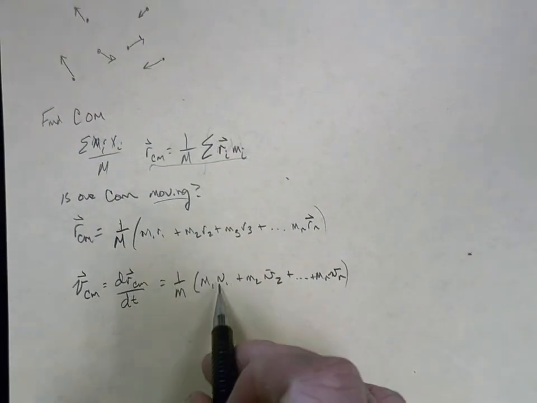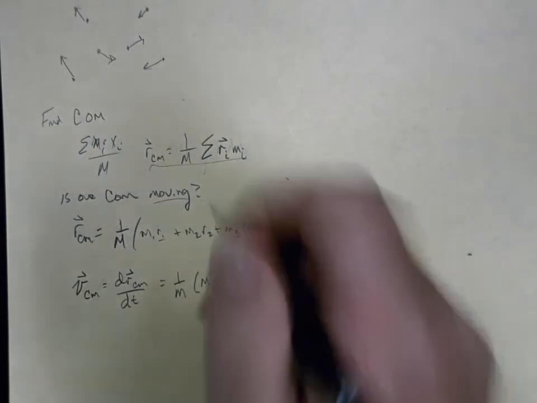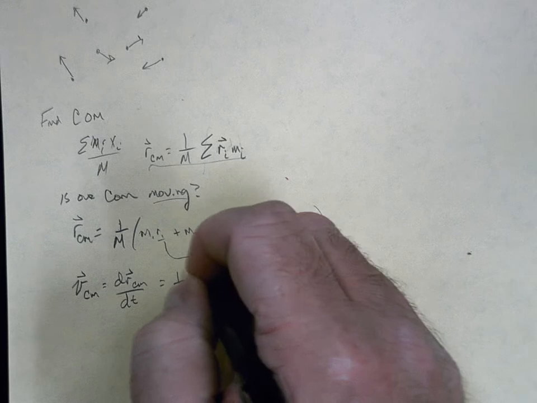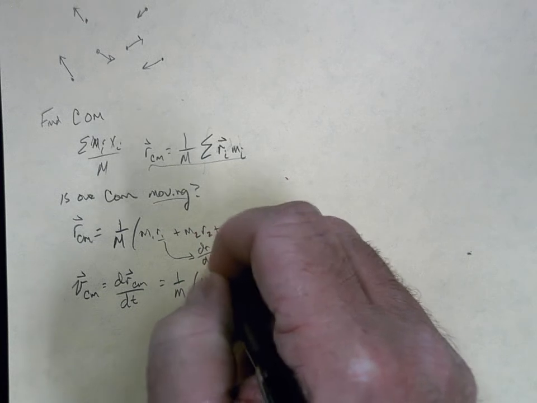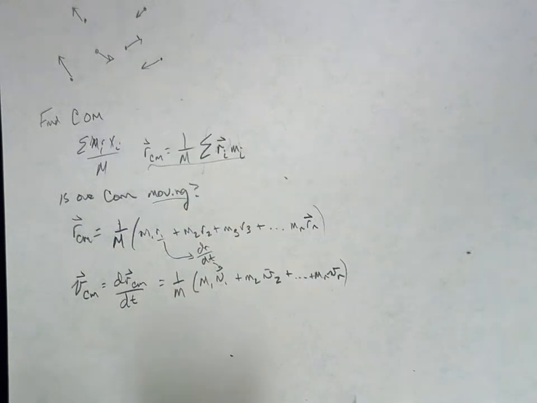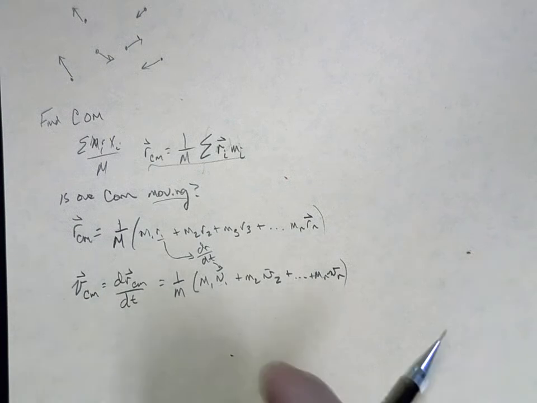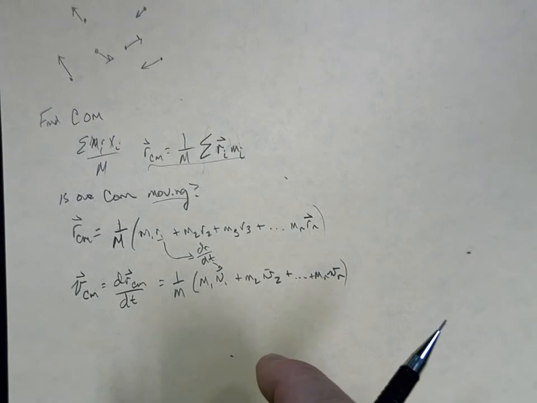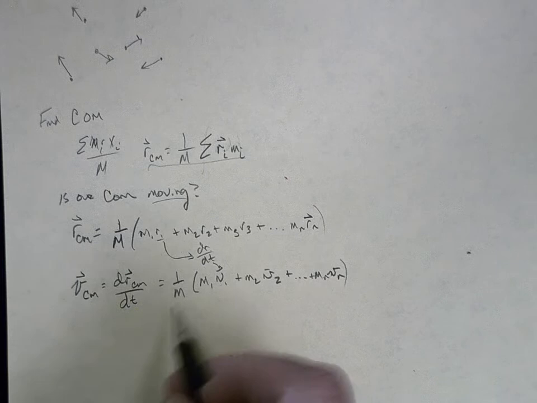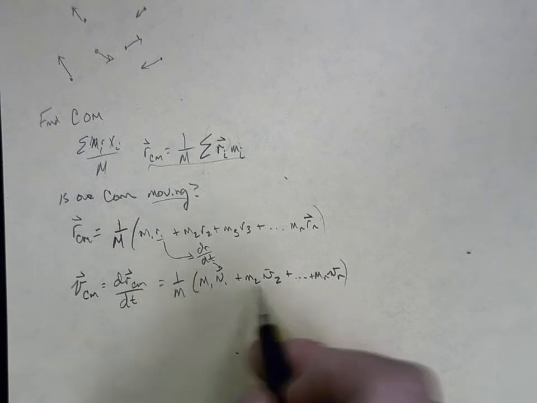But what is this velocity right here? It's really just the time derivative of r. So we take the time derivative of r, dr dt, and that goes into our velocity right there.